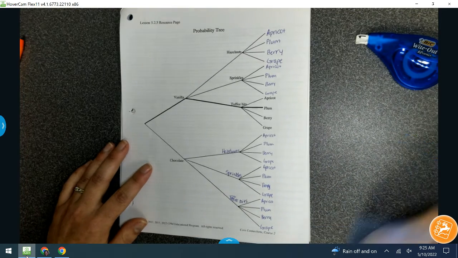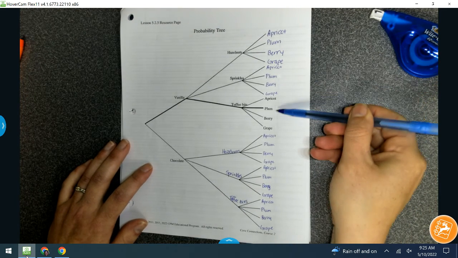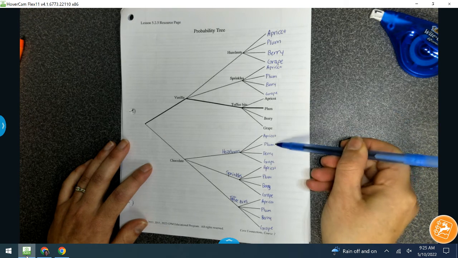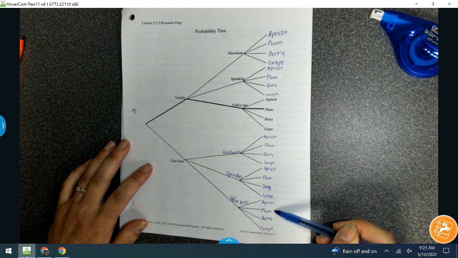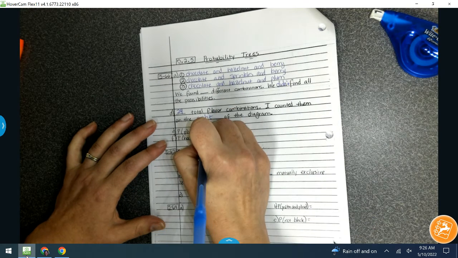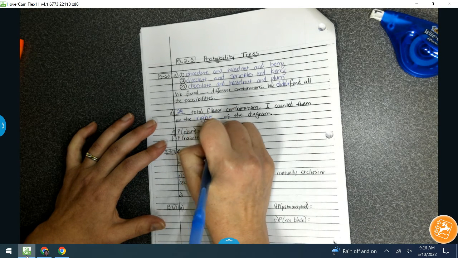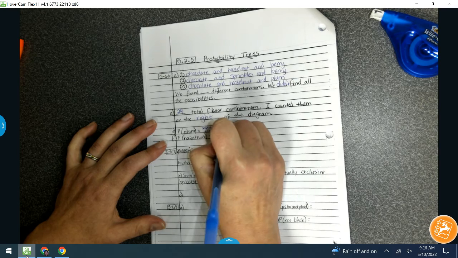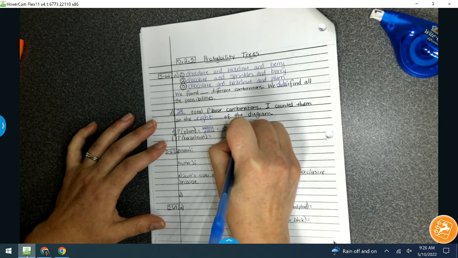Okay, so we have 1 plum, 2, 3, 4, 5, 6. So remember, probability is always what you want over the total. And we have 6 out of the 24 flavors, which is equivalent to 1/4.